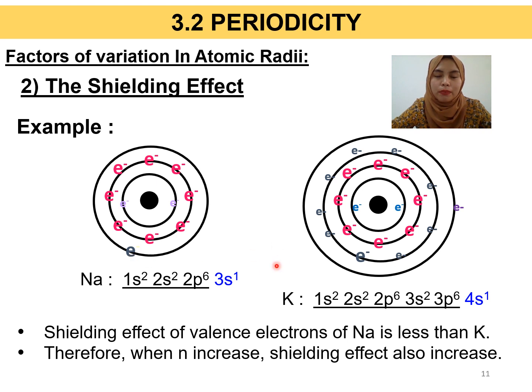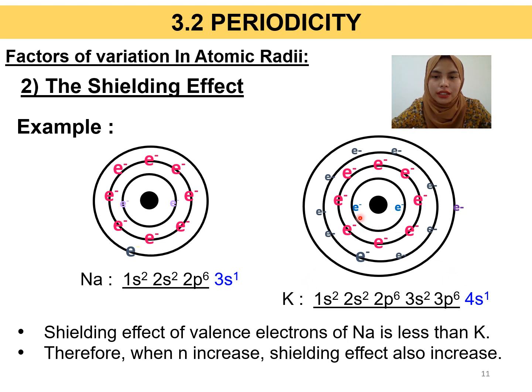Tapi compared to atomic model untuk potassium, dia ada pertambahan shell kat situ, sebab compared to Na, the valence shell hanyalah pada 3s1, tapi K ada pertambahan N shell, outermost shell dia berada pada 4s1.